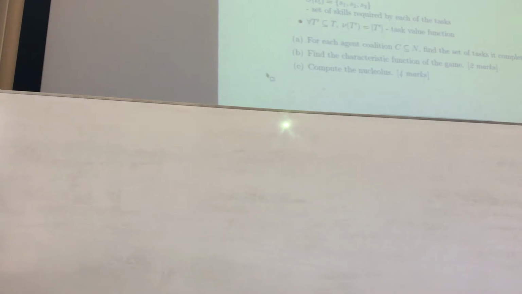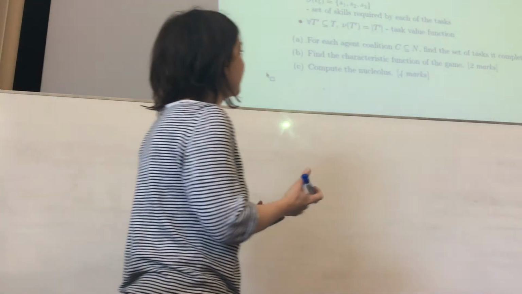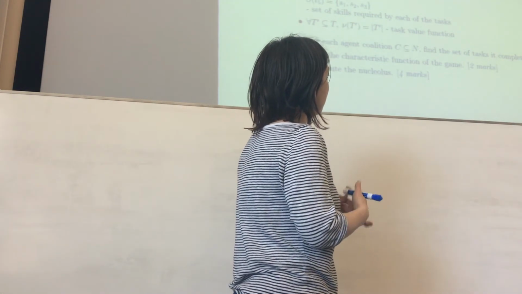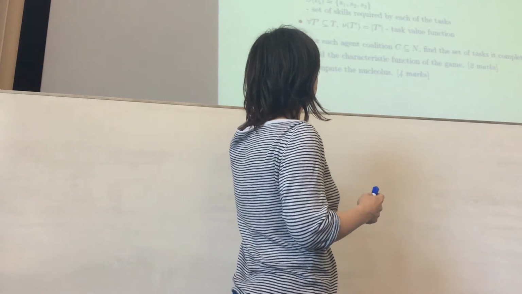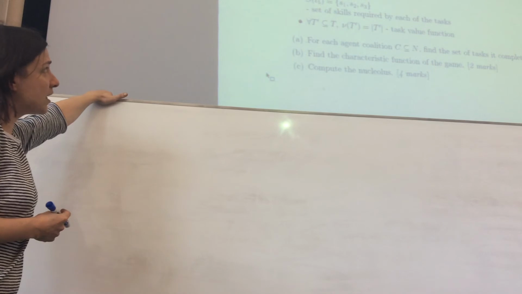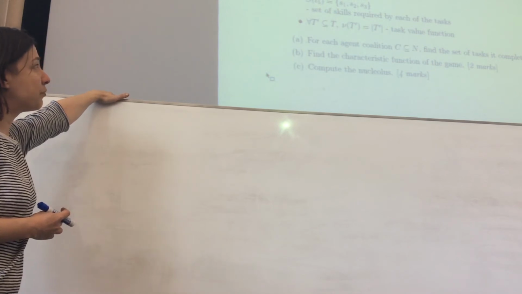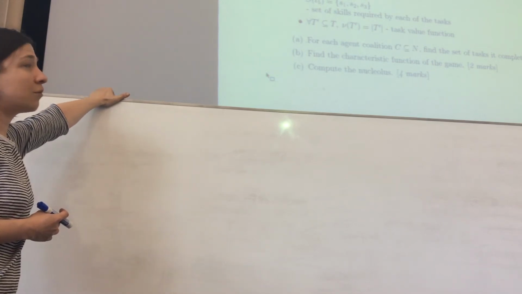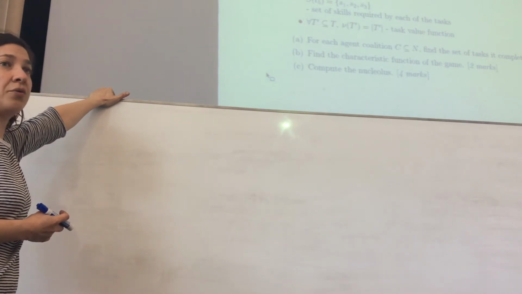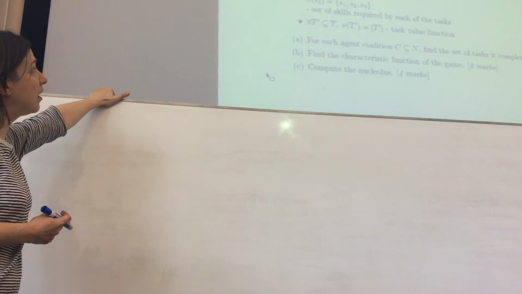The last one, there was some small mistake that some people made in the last question. So you all found out that player 1 on his own can complete task 1, 2 and 3 on their own can't do anything.